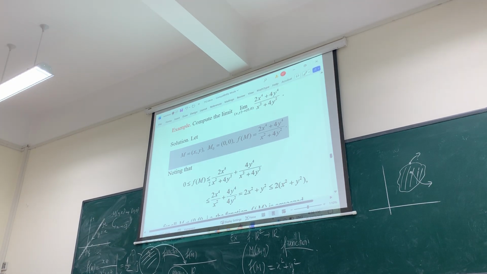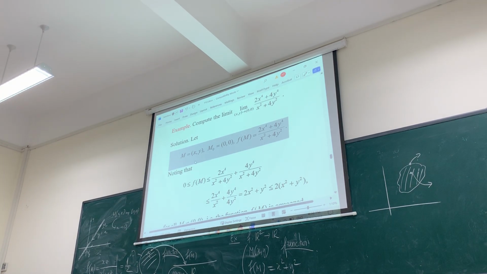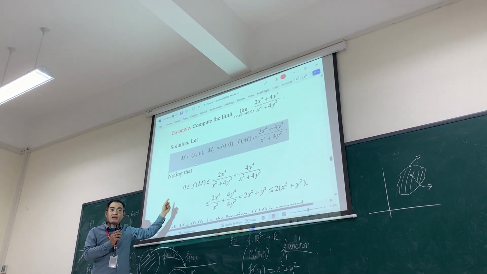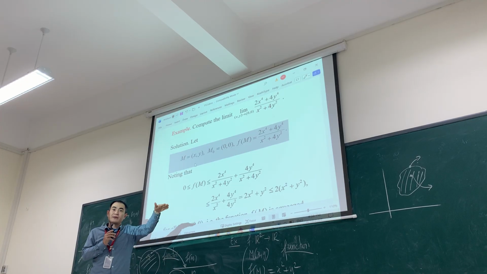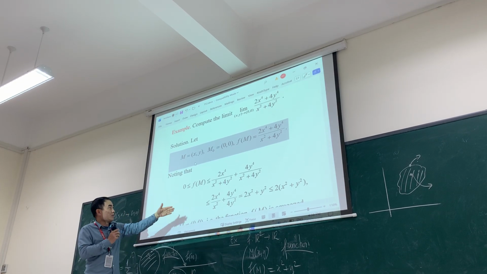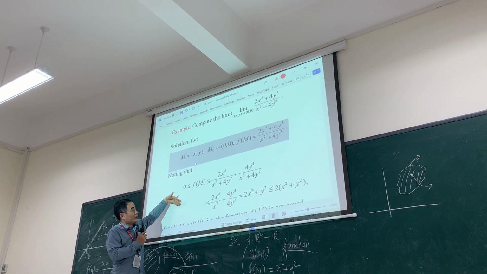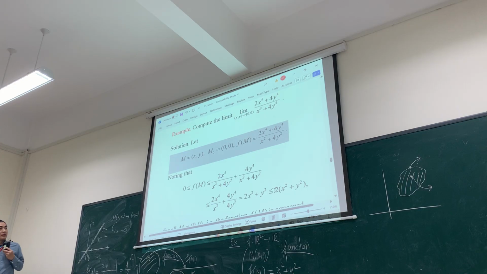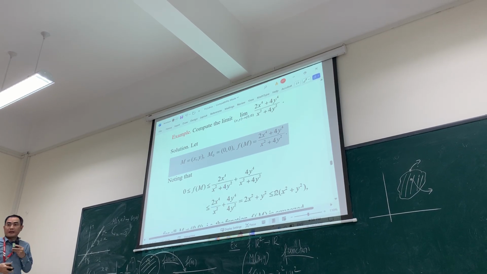Now, I think you know M tends to M0 means x squared plus y squared tends to 0. If you want to use the squeeze theorem, you need to evaluate the function f.